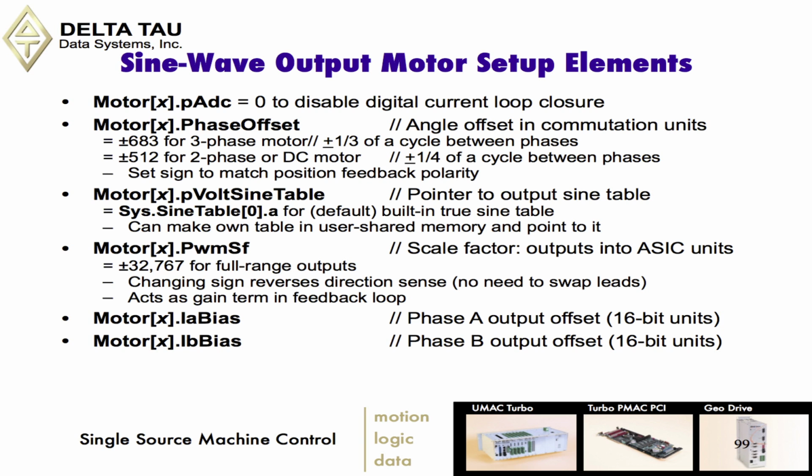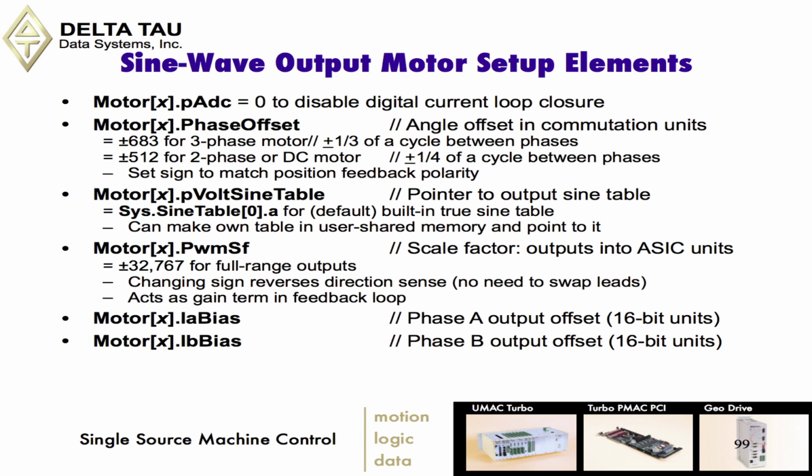We're going to point to Power PMAC's internal sine table for sinusoidal commutation, Sys.SineTable[0].a, because we have to tell it an address. And the PWM scale factor is plus or minus 32,767 for the full range of outputs.